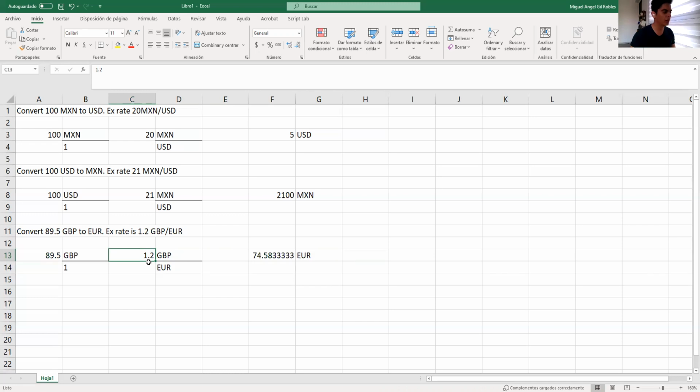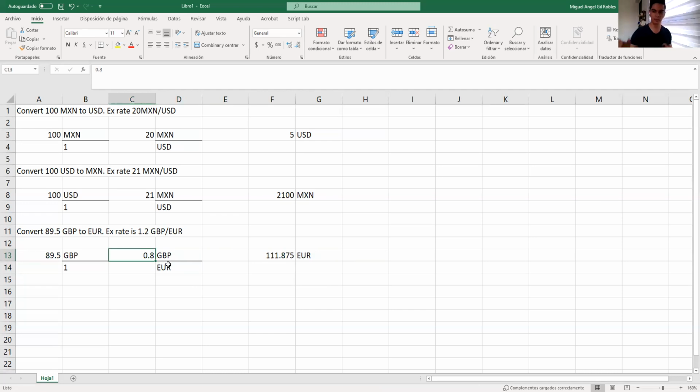It doesn't make sense. It's usually that the pound is more expensive than the euro, and this, if you take a look at Google, it will look different. It will look something like this, maybe 0.8, because a pound is more expensive than a euro.